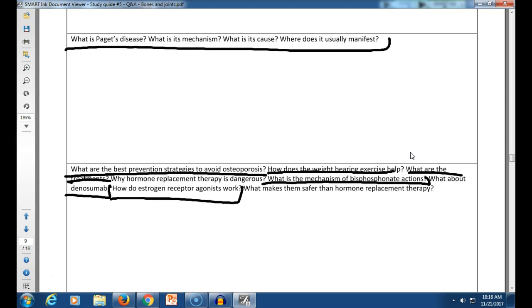You can kill osteoclasts by bisphosphonates. They stimulate apoptosis. So resorption of the bone doesn't happen. Or you can block the activation of osteoclasts by inhibiting the specific molecule. That makes sense? Yes. Now, receptor agonists.